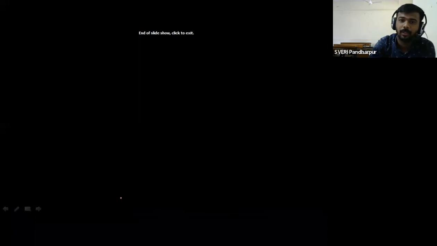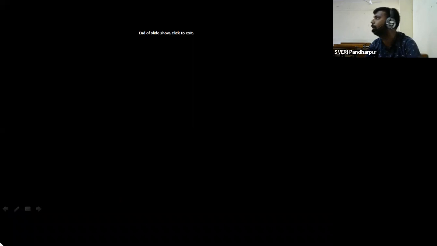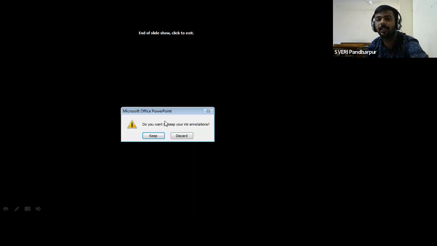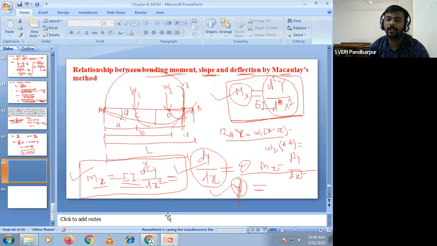Okay, so with this we have finished this particular chapter, that is slope and deflection of the beam.